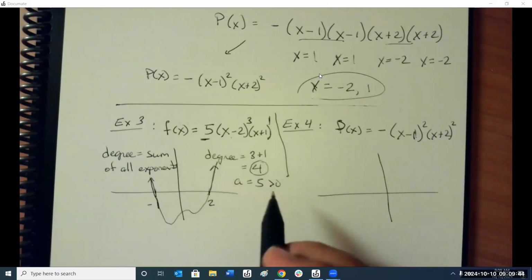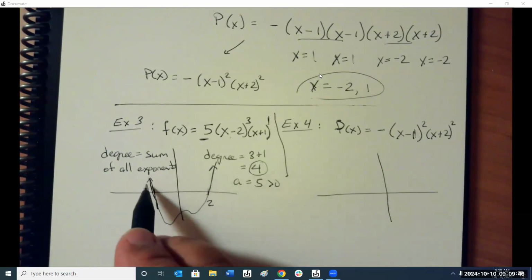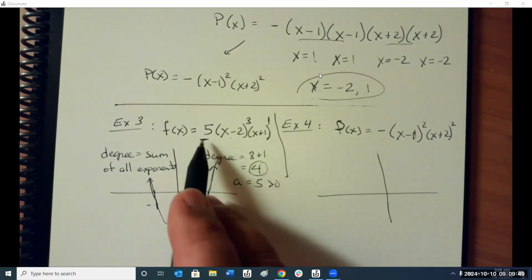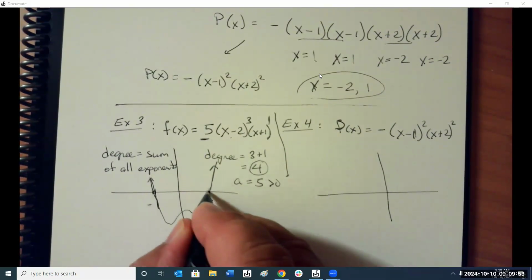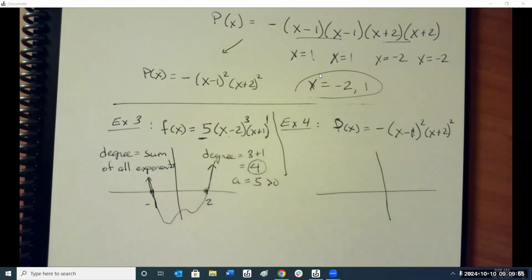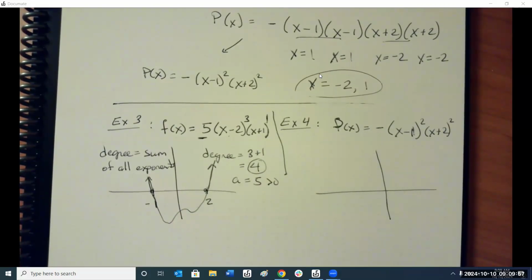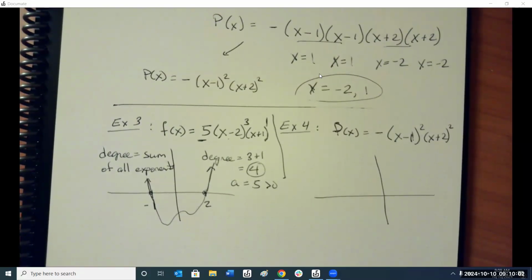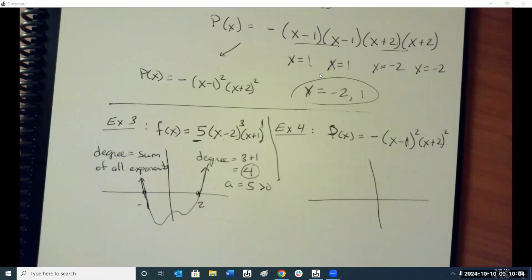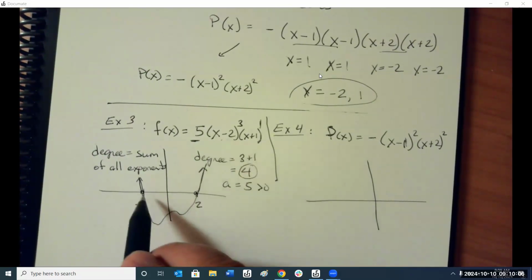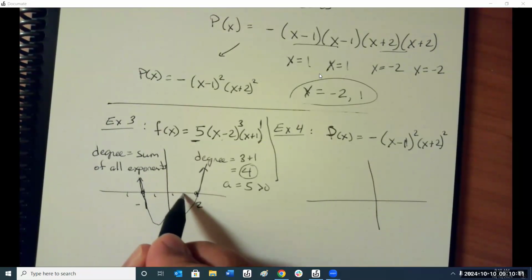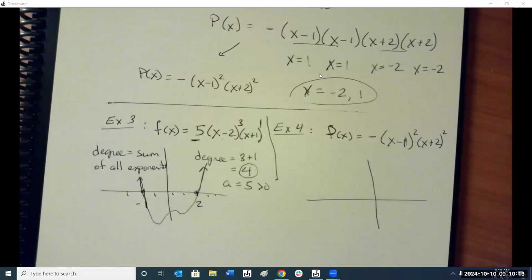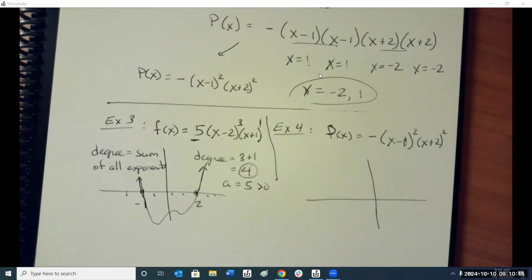Because it's even, they have to point the same direction, and they have to point up since the coefficient a is positive. But we only have two x-intercepts, two solutions. We plot our 2 points here, pick some points along the line, plot them, and we have our graph.